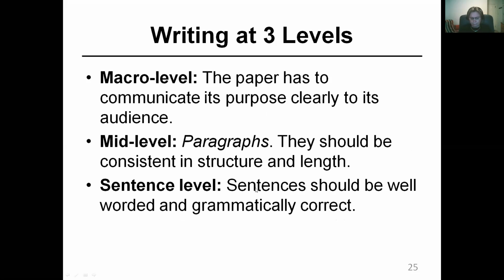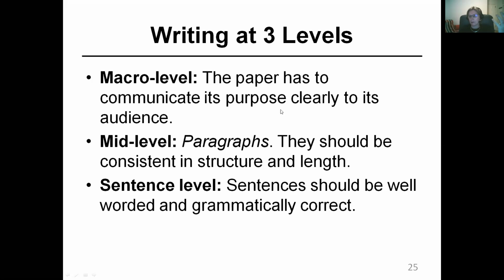Now, I mentioned it before, but I want to repeat myself again, that we could think about our writing, and in this case, I'm interested in psychology, but it doesn't matter. We are writing at 3 levels. The level that we ultimately care about is the level of the message. That's where we communicate what we did to our readers.